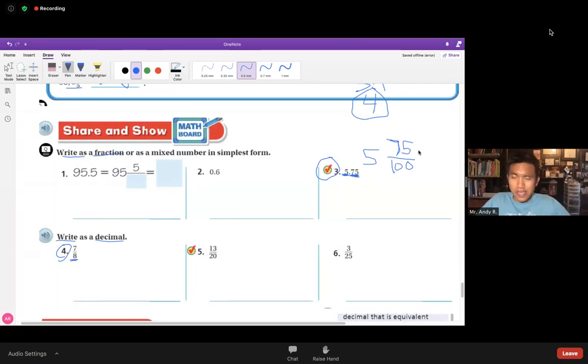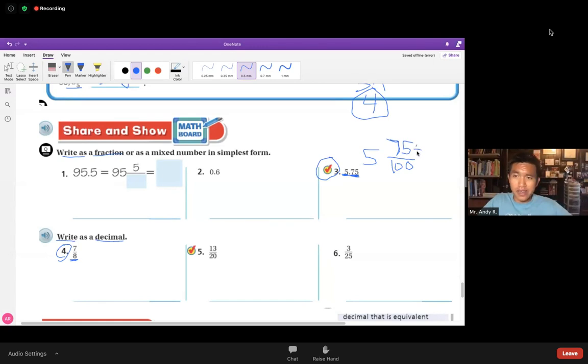And so we try to find the common number that can divide both of these. 75 and 100, what's the highest common number that can divide both of these? Yeah, 25, because when you count by 25, 50, 75, you can do 25 times 3 to get 75.